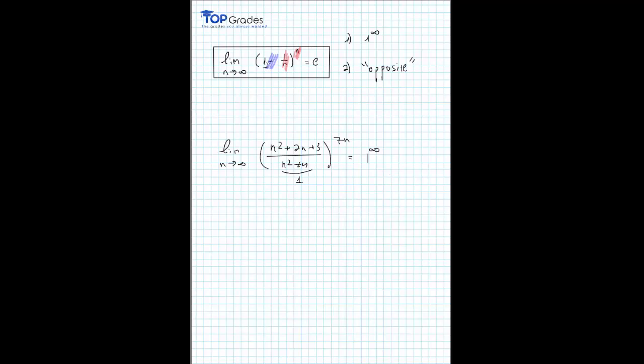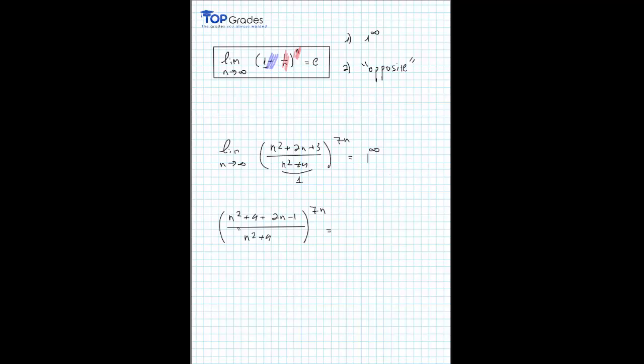I have to make it 1 plus something, so I can write it in this form: n squared plus 4 plus 2n minus 1. Pay attention that n squared plus 4 equals the denominator. It's the same. Divided by n squared plus 4, in the power of 7n. We use the rule we saw before.